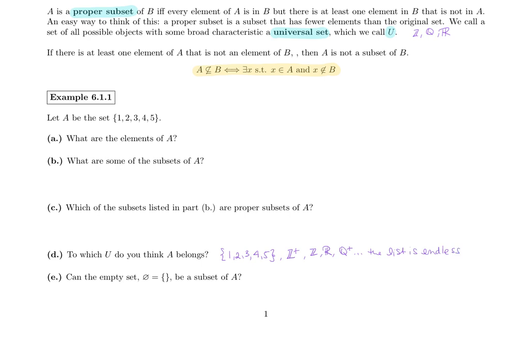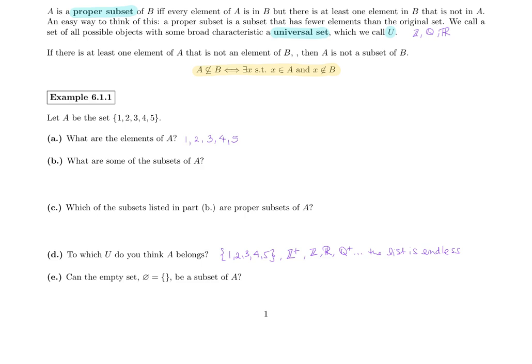So let's start back at A. What are some of the elements of A? Well, A's elements are 1, 2, 3, 4, and 5. Those are the collected members of set A. We call them elements.